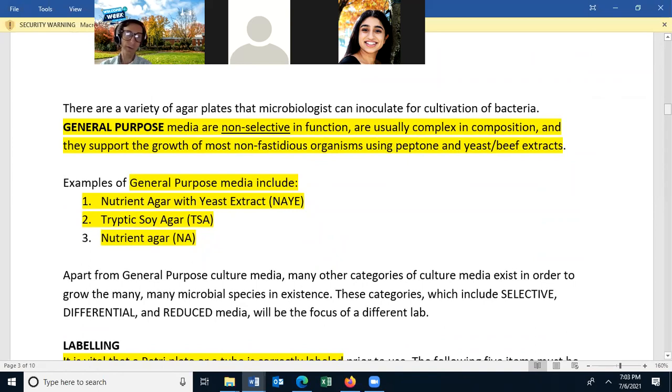Fastidious organisms will not grow on a general purpose media, so we grow non-fastidious organisms on the general purpose media. And they use a variety of peptone, yeast, and beef extracts to supply nutrients to the cells.